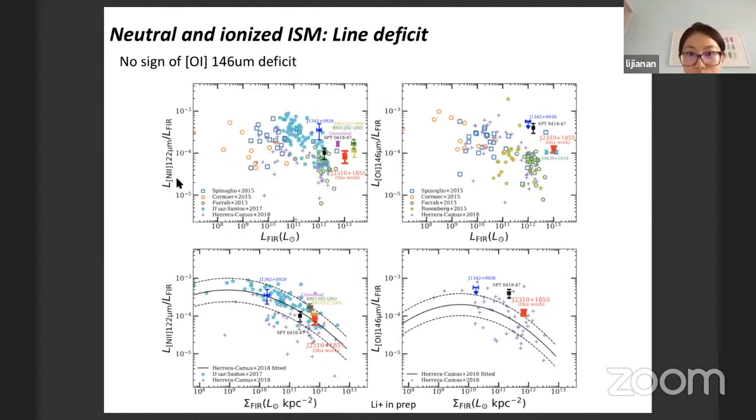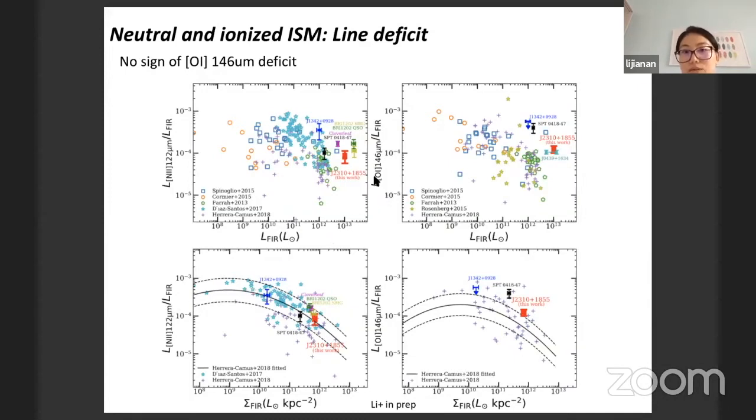For the nitrogen-2 line, the dots with no error bars are local dwarf galaxies, LIRGs, star-forming galaxies, and AGNs, and those with error bars are high redshift submillimeter galaxies and quasars. This quasar generally follows the trend of the local relation. Also, in the far infrared surface brightness plot, all of these high redshift objects lie within the deficit trend of the nitrogen-2 to far infrared ratio.